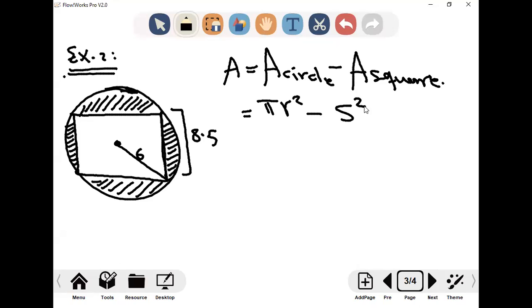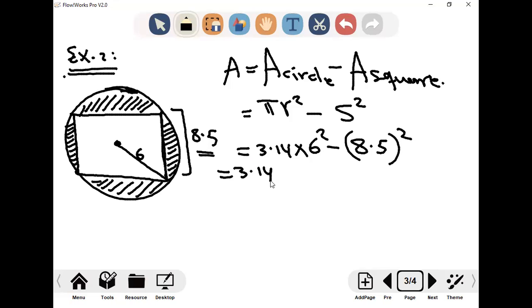From where do we get these formulas? Yesterday we wrote them, right? Now apply pi 3.14. How much is the radius? 6 power 2 minus the side 8.5 power 2. This is equal to 3.14 multiply 6 multiply 6 minus 8.5 multiply 8.5.